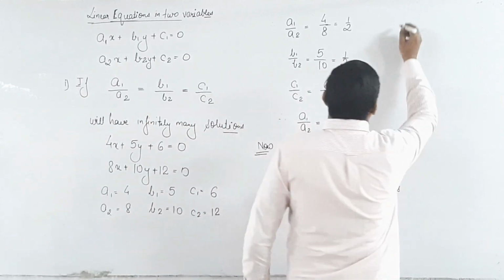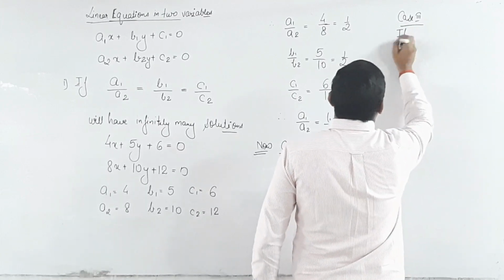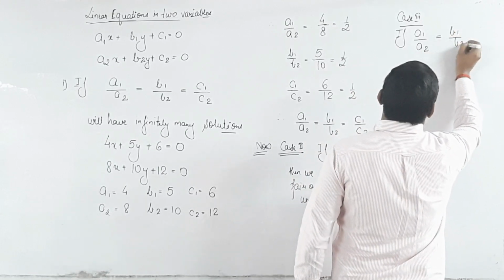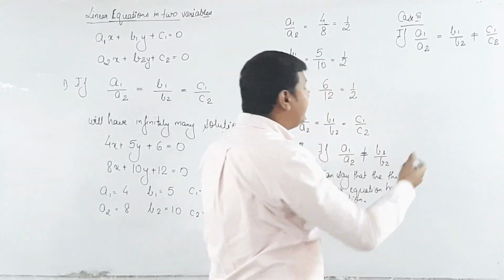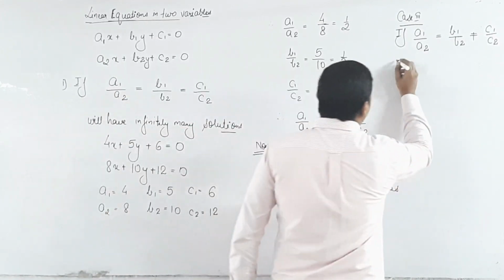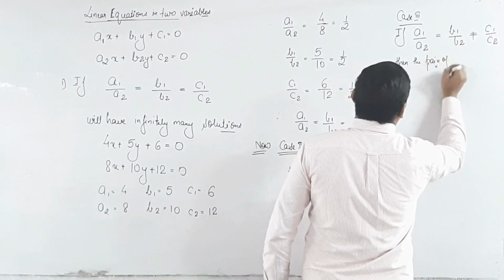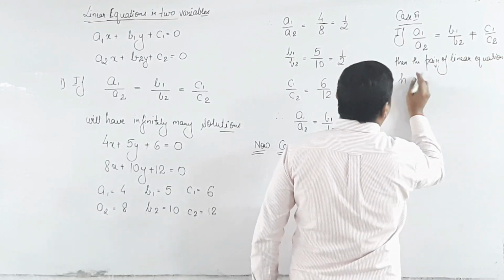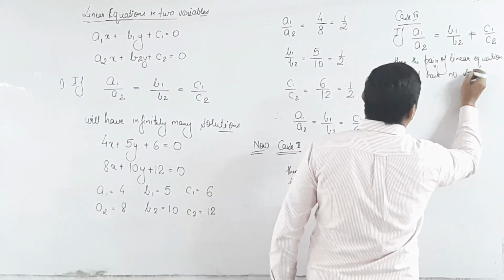Now the third case. If the ratio of a1 by a2 is equal to b1 by b2 but not equal to c1 by c2, then the pair of linear equations will have no solution.